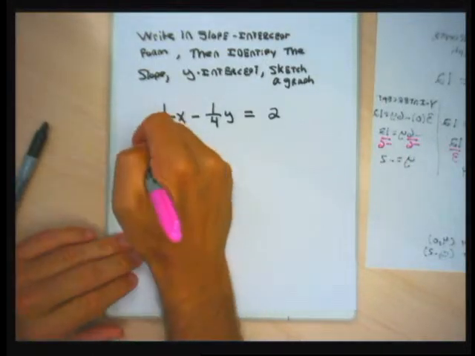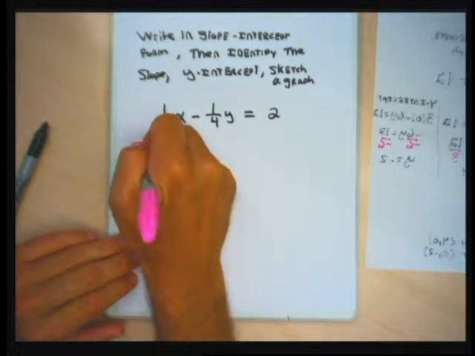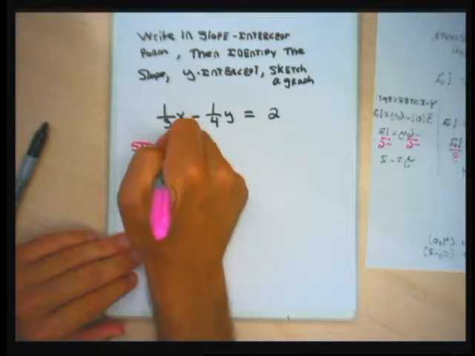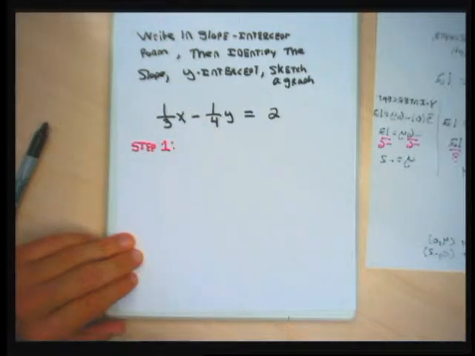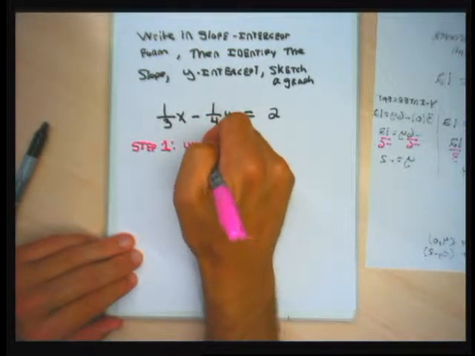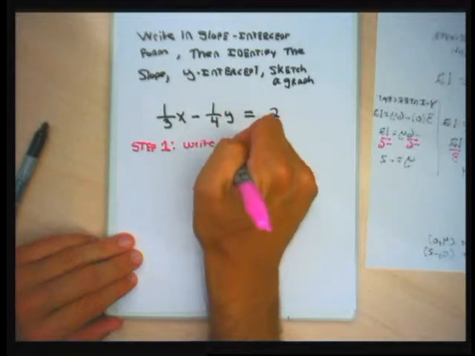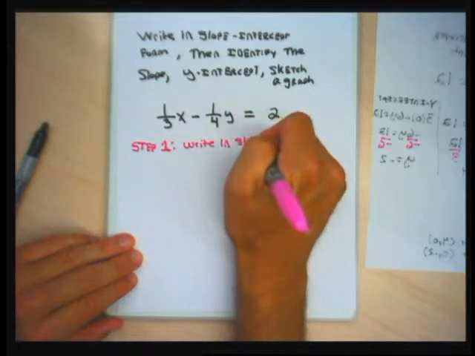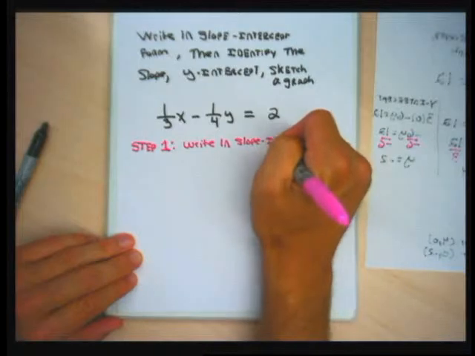So step 1, again, if you can solve this without me, you're doing way better than if you wait for me to solve it. So if you just recently did the homework from section 3.1, this is something that was in the homework and something that theoretically can make it onto the test. So step 1 is to do the write in slope-intercept form part of the instruction.